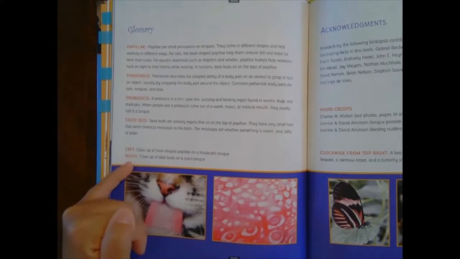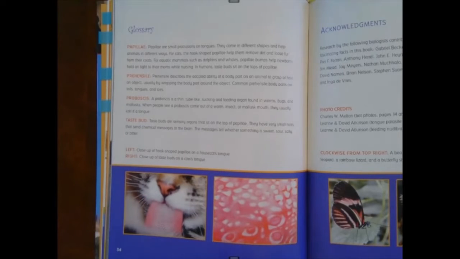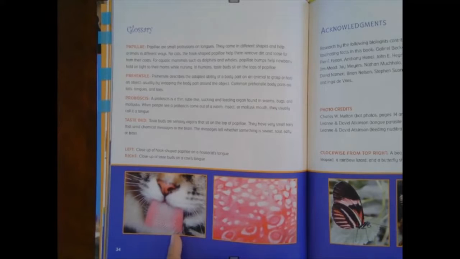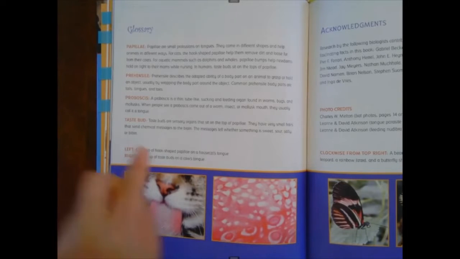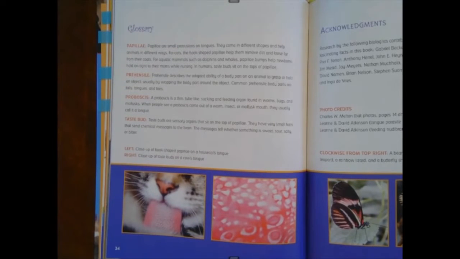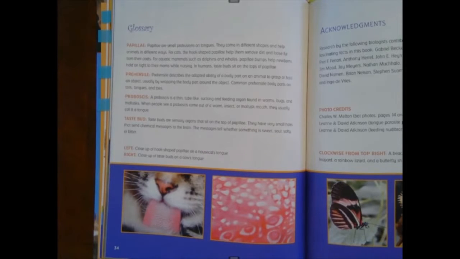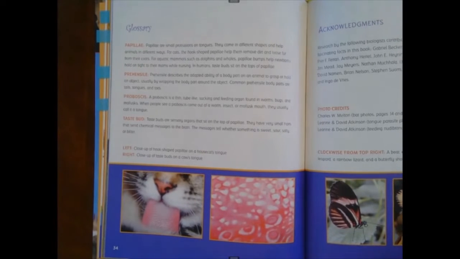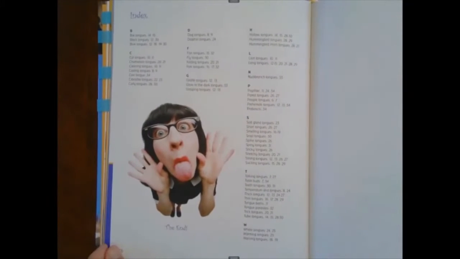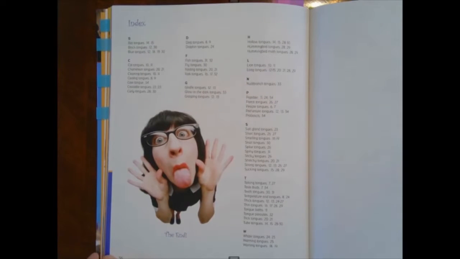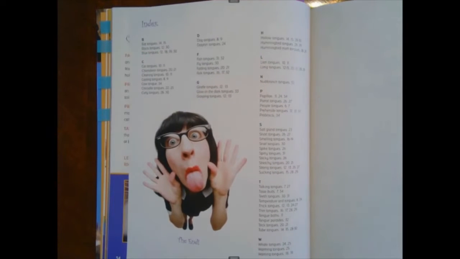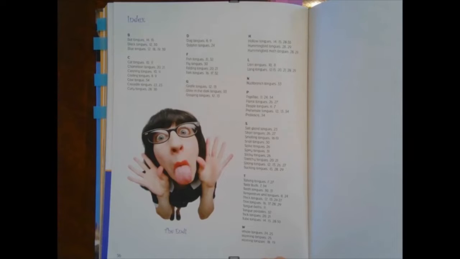It says, left, close-up of hook-shaped papillae on a house cat's tongue. We read about that yesterday, the little hooks. And on the right side, this is a close-up of taste buds on a cow's tongue. Wow, yikes.